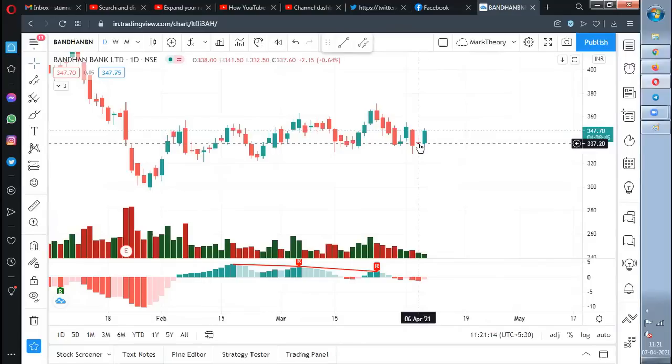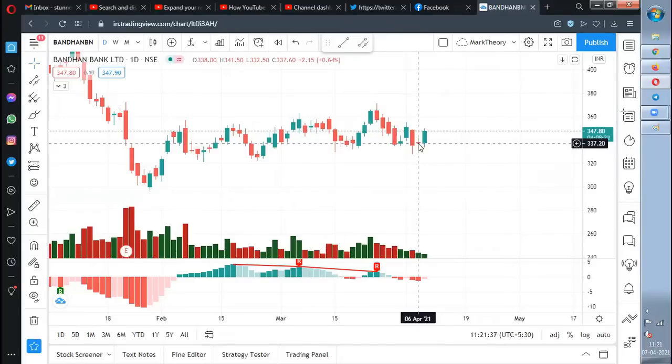You guys can check on the Telegram whatever post I have posted. So that is one other hint. Whenever I'm saying buy Bank Nifty, that means I'm a bit bullish on Bank Nifty or I am not that bearish on Bank Nifty. So I was just checking for a stock which can do well, and that way I got Bandhan Bank.